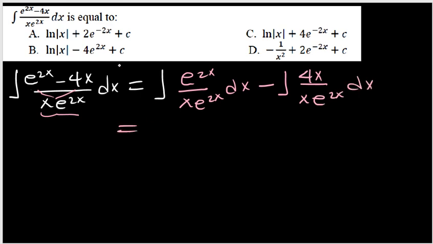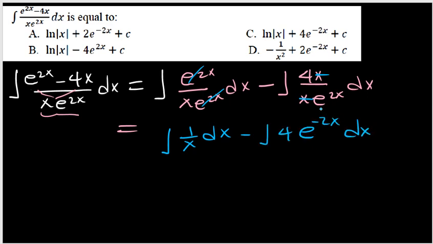So when we simplify, in the first part e to the power of 2x will cancel, 1 over x dx remains, minus the second part, where x will cancel out, leaving 4 e to the power of negative 2x dx. We can bring this up and the exponent will be negative.